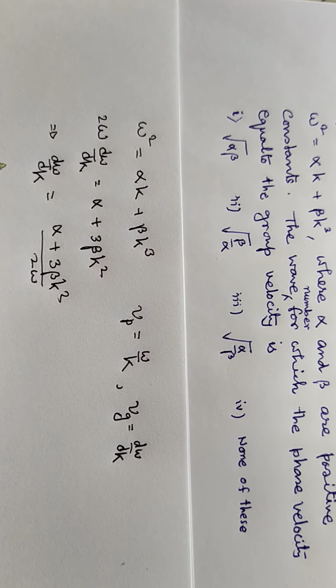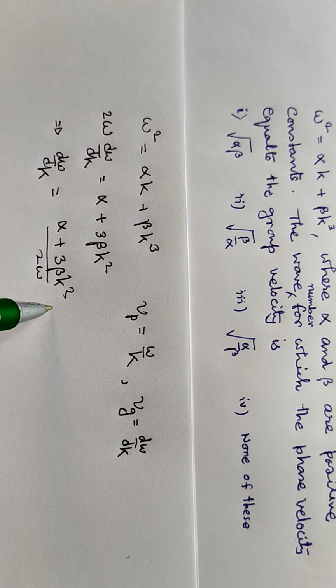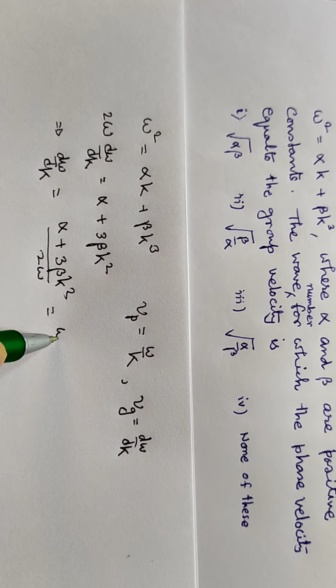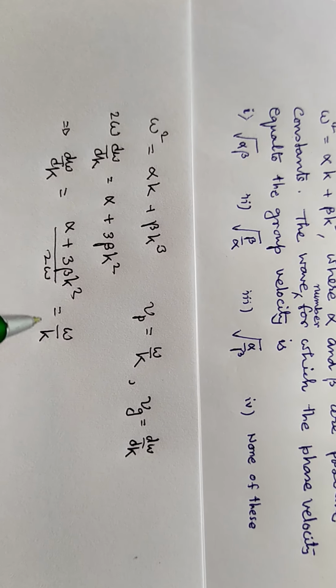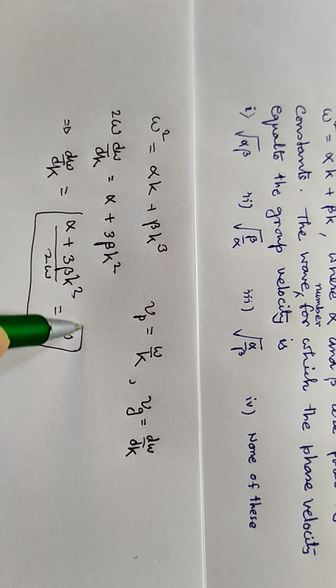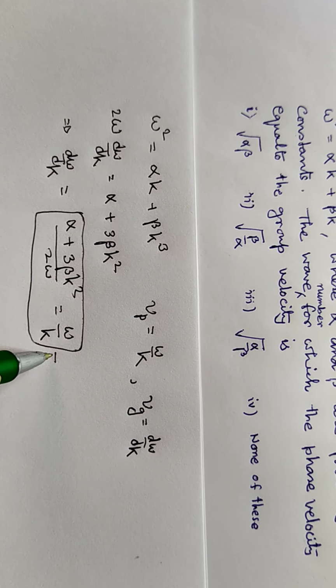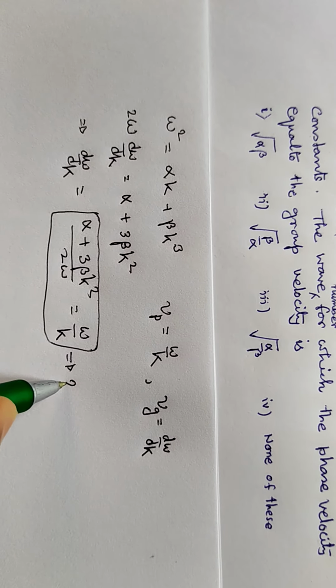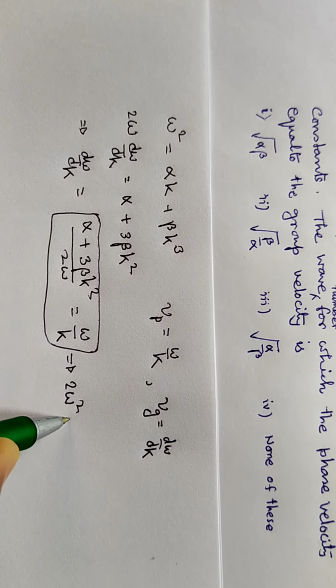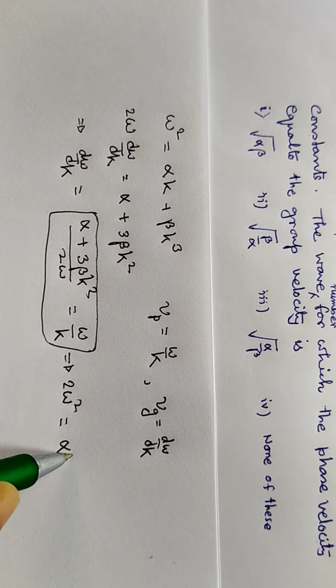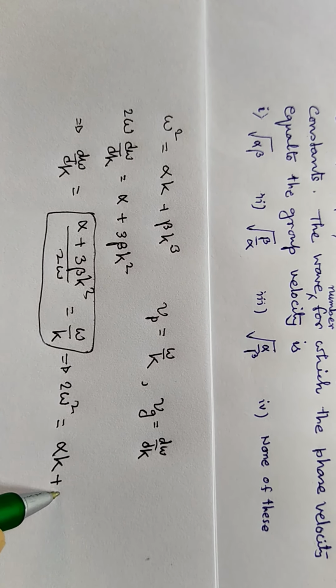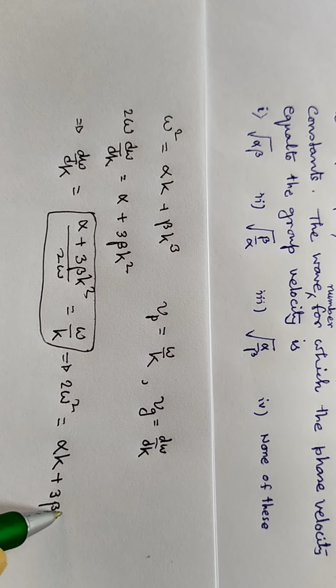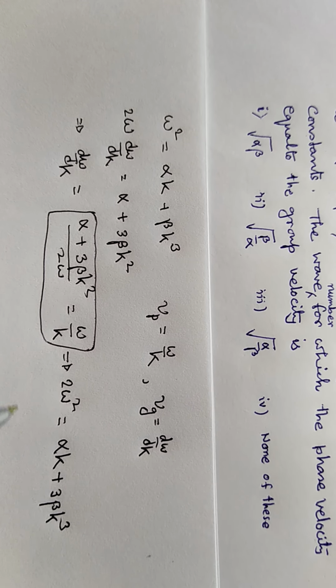Now we want this to be equal to the phase velocity, that is omega by k. Now we pick up this relation. From this we can write 2 omega square equals alpha k plus 3 beta k cube, right?